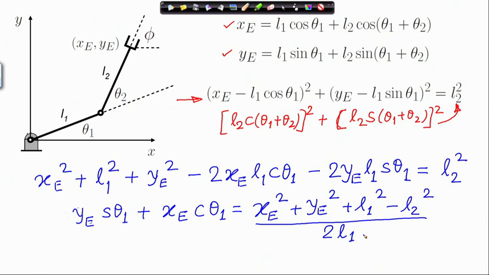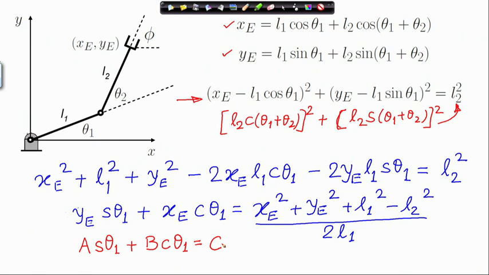This can be written in the form a sin theta 1 plus b cosine theta 1 is equal to c, where a, b and c involve x e, y e, which are known.